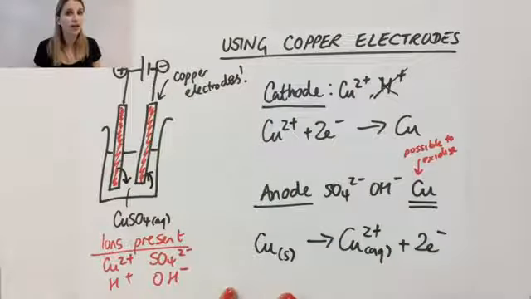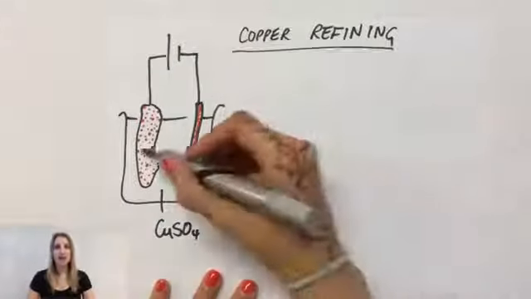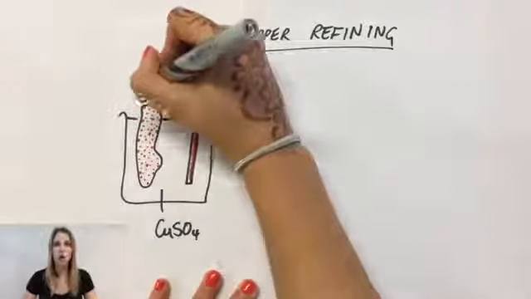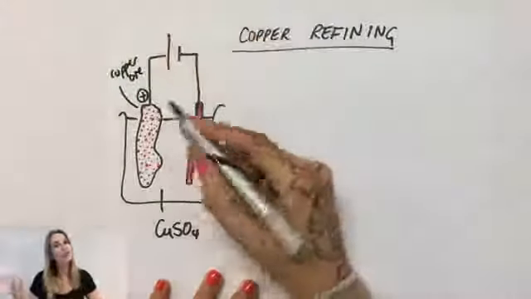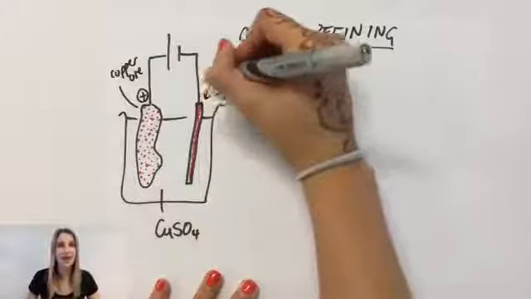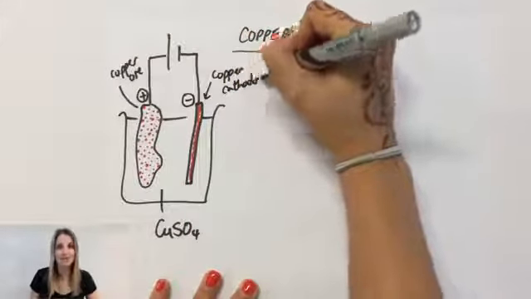So let's have a look at it in the example of copper refining. This is how we purify copper. So at the anode, what I've got is a piece of copper ore, which is just rock that contains enough copper that it's worth extracting the copper from it. At the cathode is a really thin strip of pure copper metal.